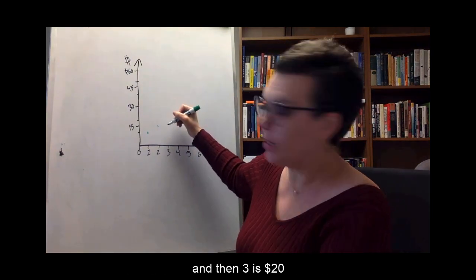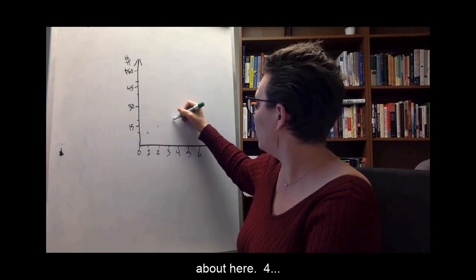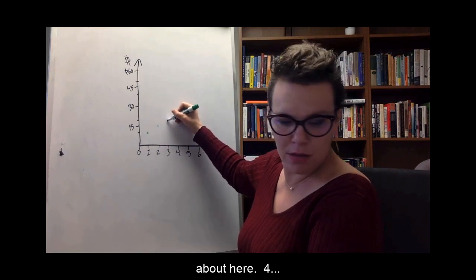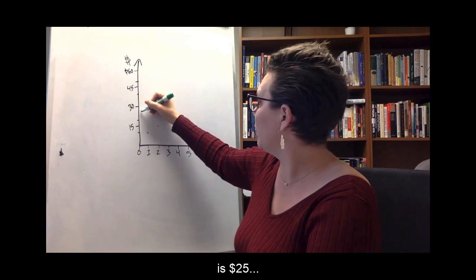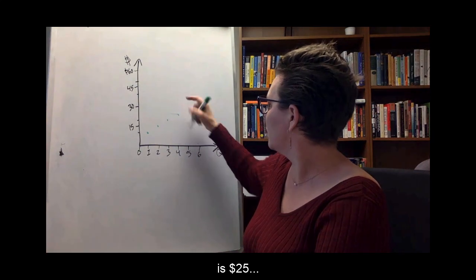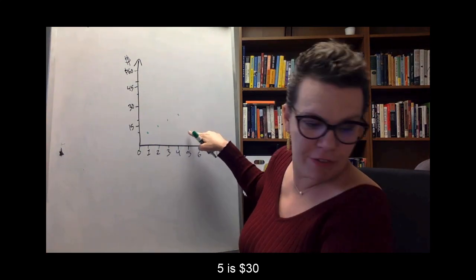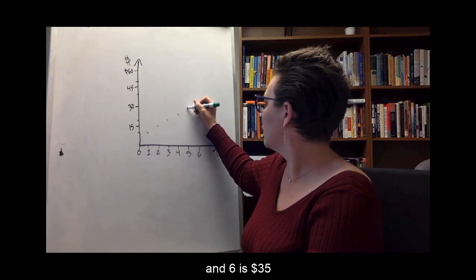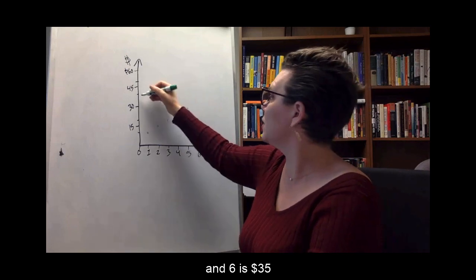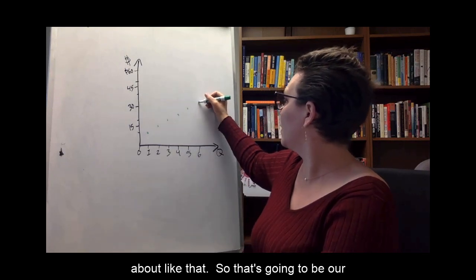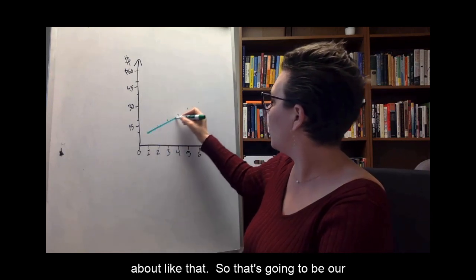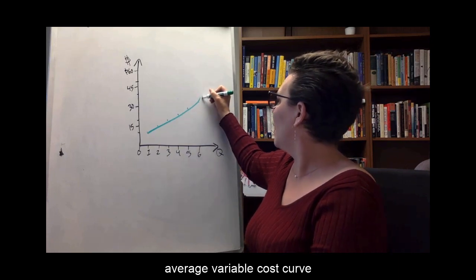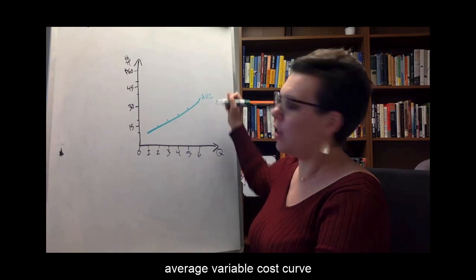And then 3 is 20, which is about here. 4 is 25. 5 is 30. And 6 is 35. Just about like that. So that's going to be our average variable cost curve.